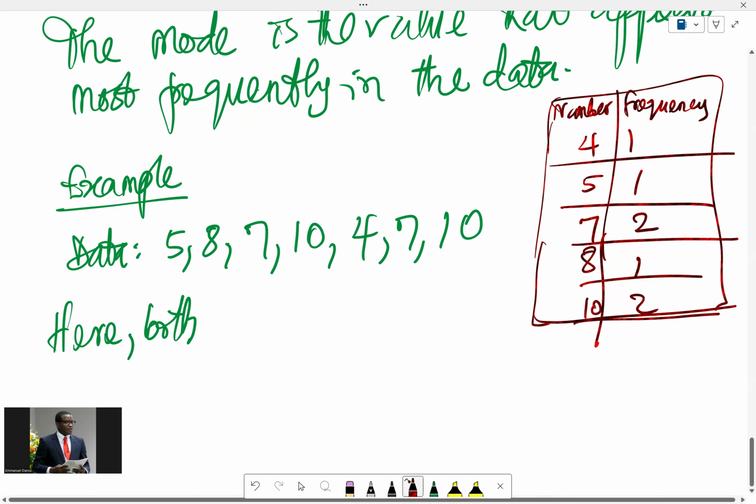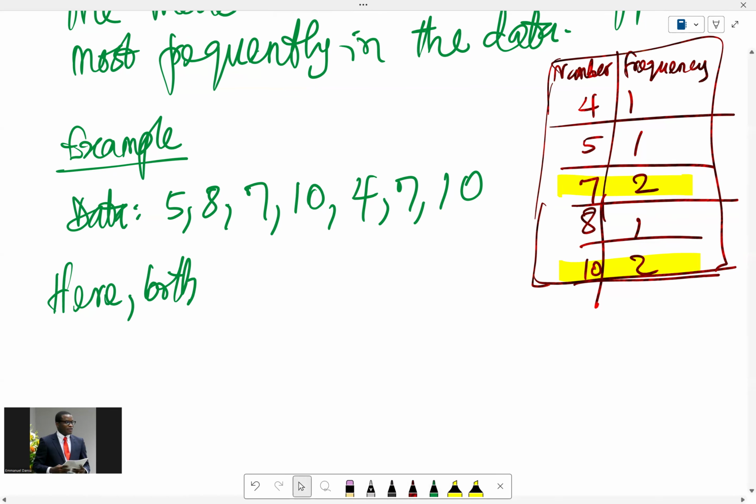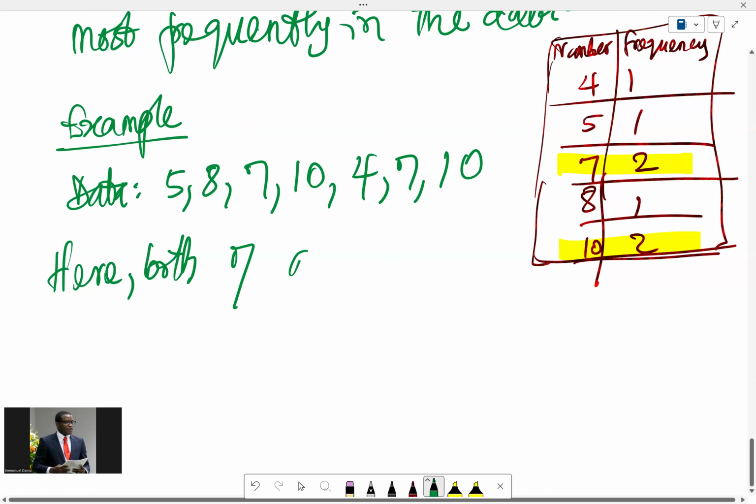If you look at the most frequent, they are the ones that appear twice each, right? So in that case, since there's no single value with the highest frequency, we can say this is bimodal. Both 7 and 10 appear twice.